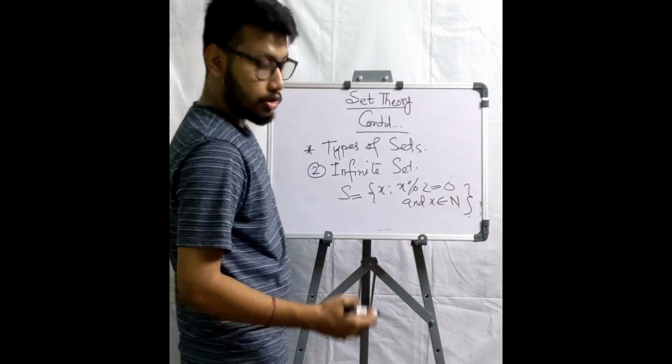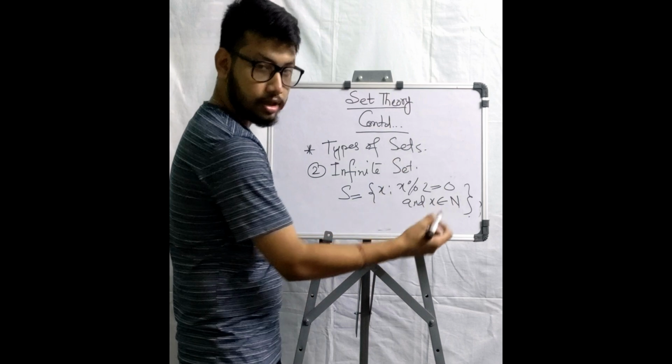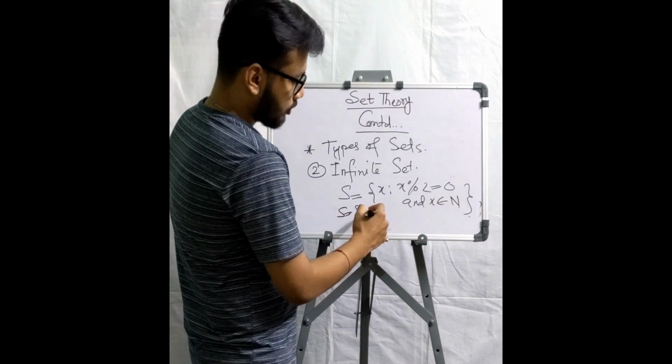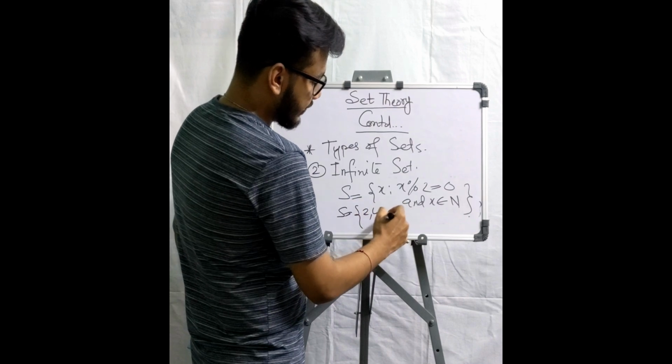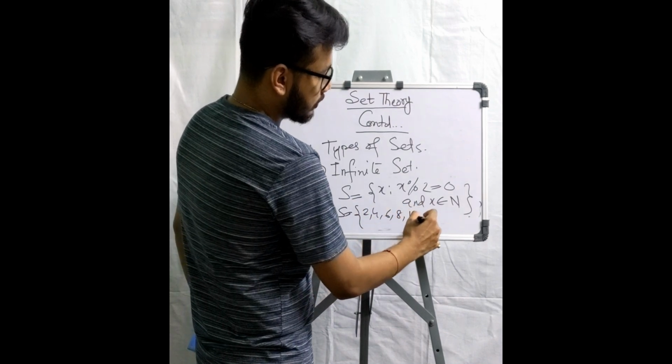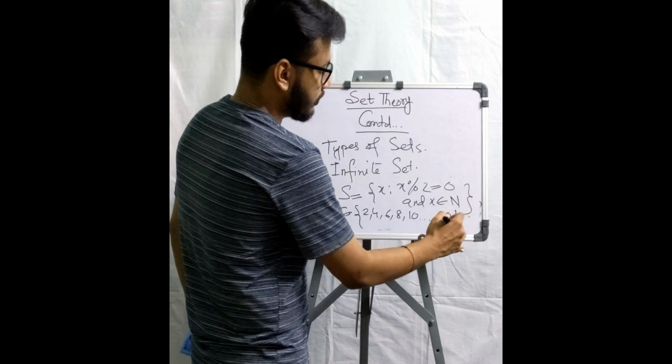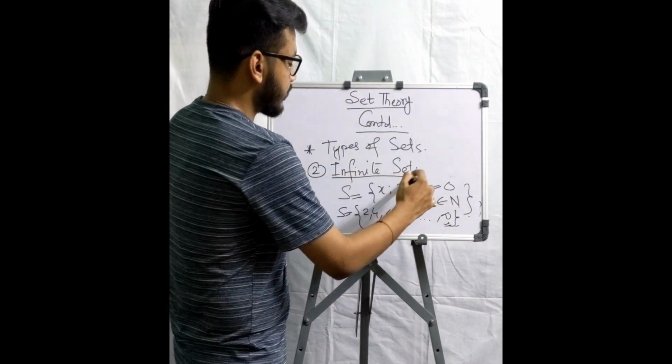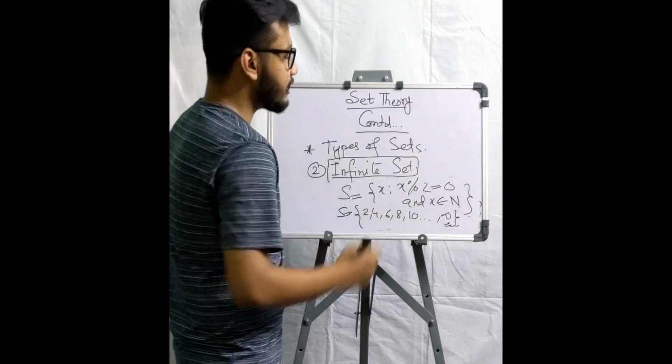So what will be the roster form? It will be 2, 4, 6, 8, 10. In this way it's going to go till infinity. Infinity means indefinite, so we can say that this set is an infinite set.